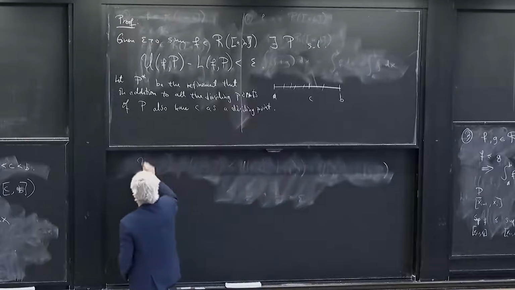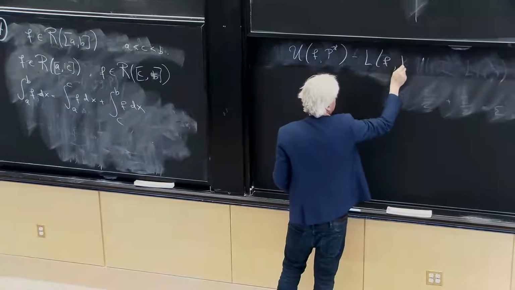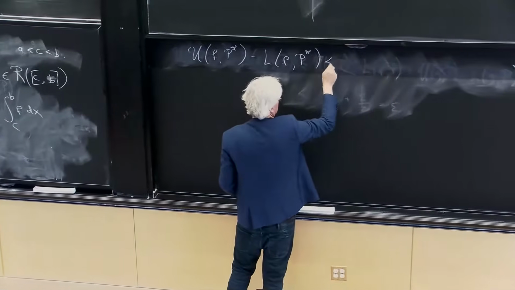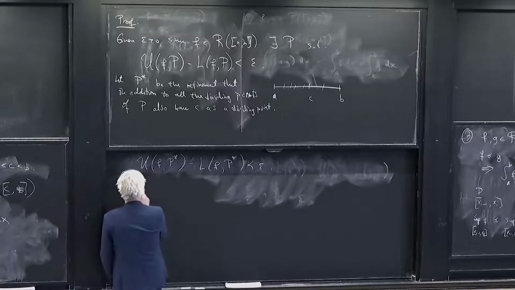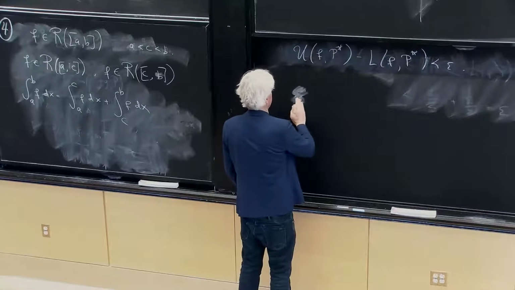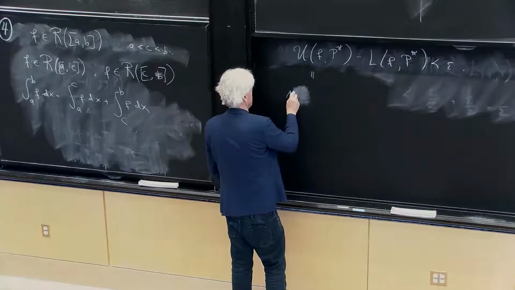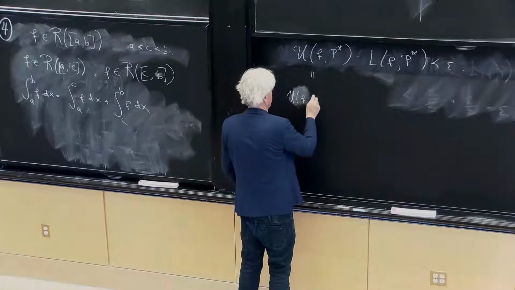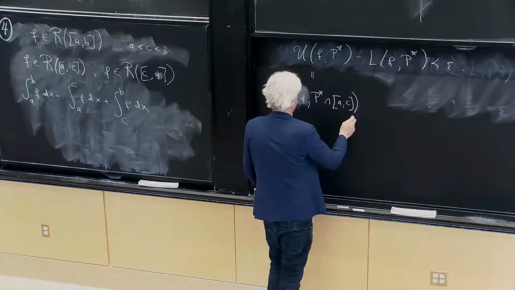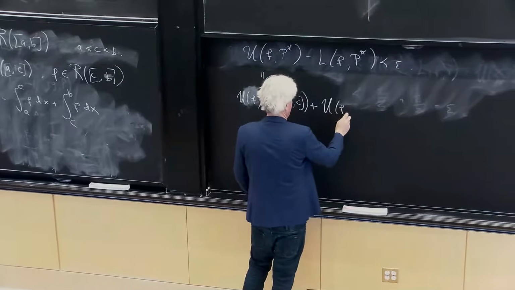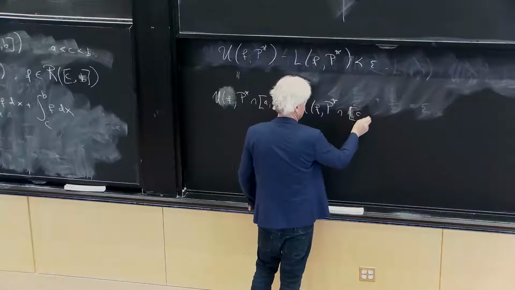You have that U(f, P star) minus L(f, P star) is also strictly less than epsilon, because it's a refinement of P. And this upper sum here is simply equal to U(f, P star intersected with [a, c]) plus U(f, P star intersected with the interval from c to b).